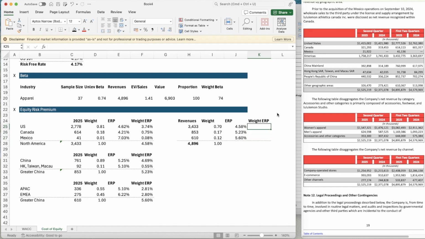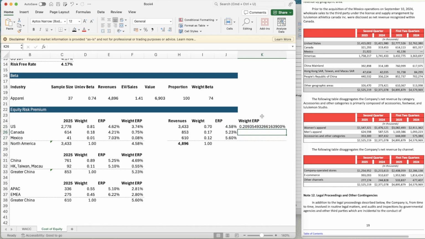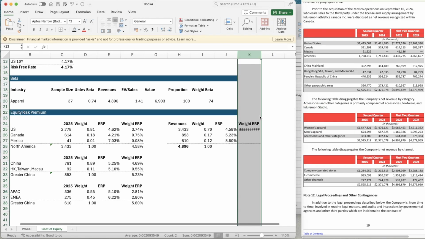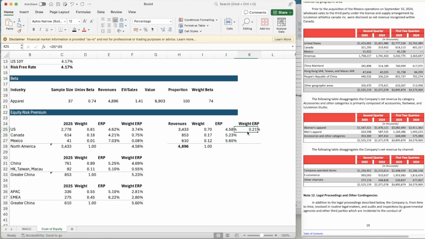We don't need anything there. Now we want the weight. No, this can't be right. Equals 4.58. There we go. So 4.82.